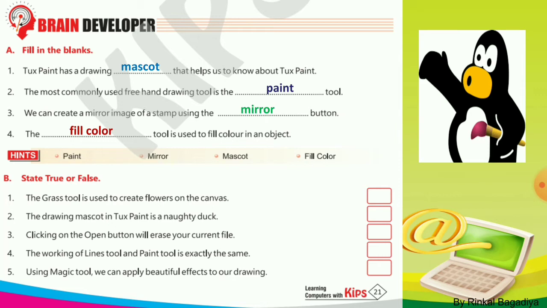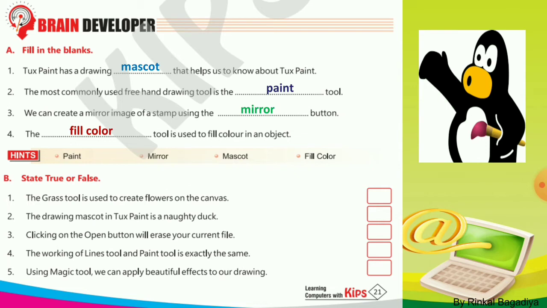Now, question B. State true or false. First, the grass tool is used to create flowers on the canvas. Is it true? No, it is false because the grass tool is used to draw grass, not flowers.